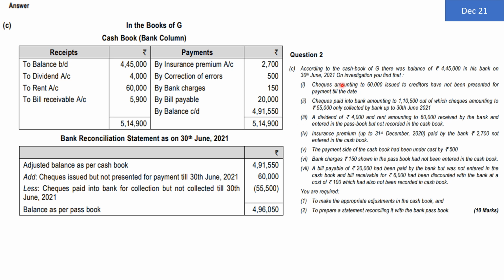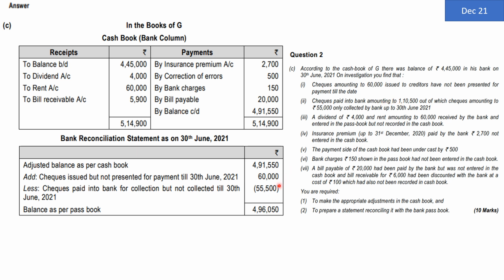First adjustment is covered. In the second adjustment, they have told us of 1,10,500 checks, out of which 55,000 are collected. That means out of 1,10,500, 55,000 are collected. So 55,500 are not yet collected. Although they are not collected, they must have been recorded on the receipt side in the amount of 1,10,500.